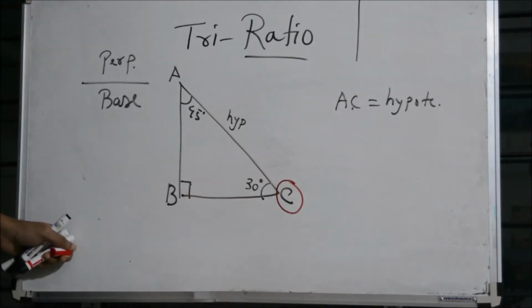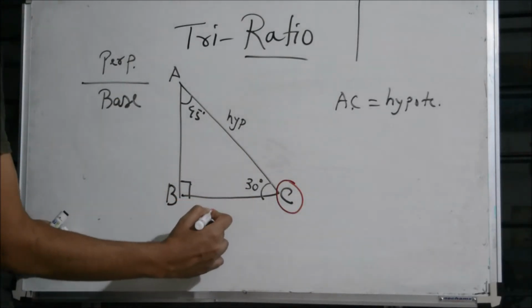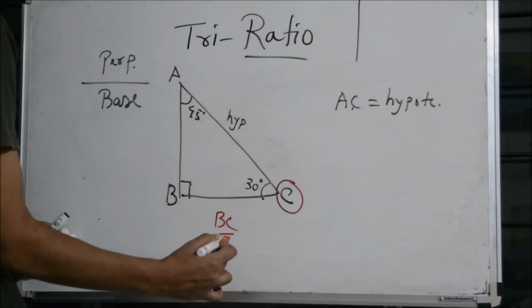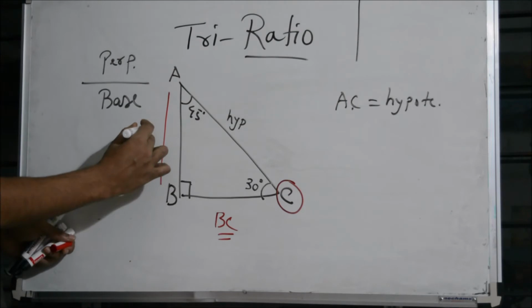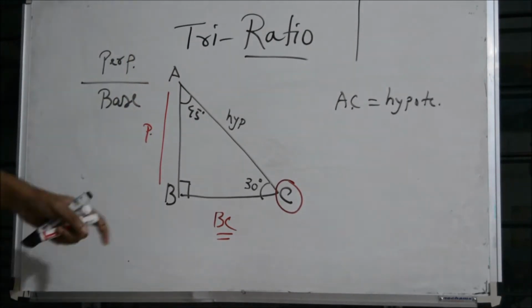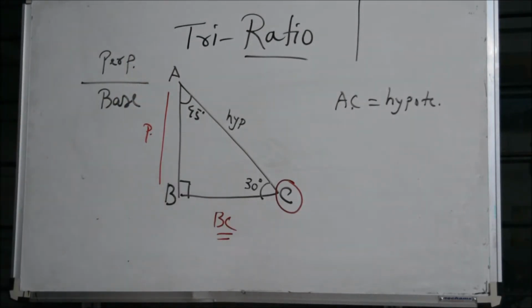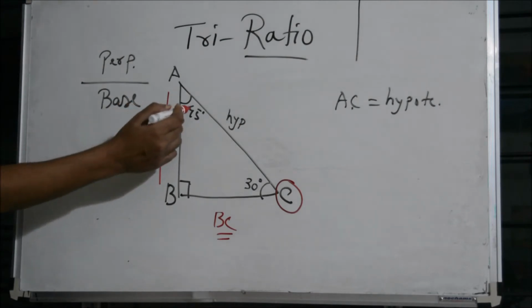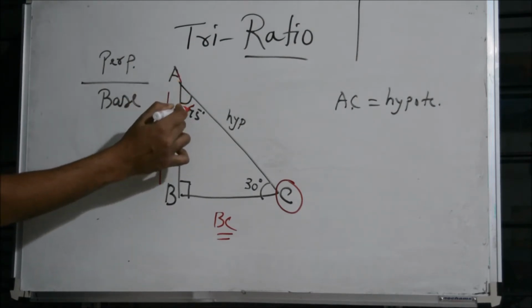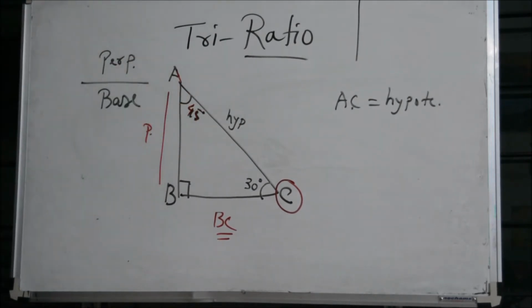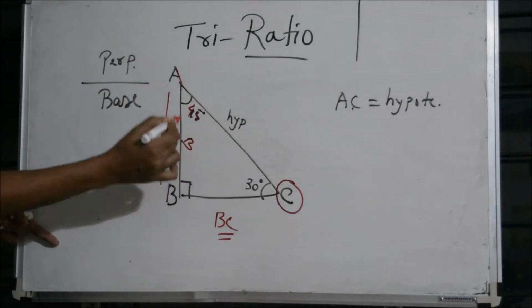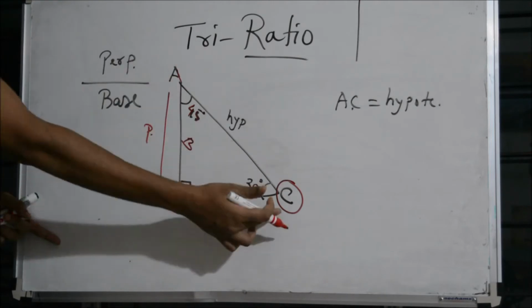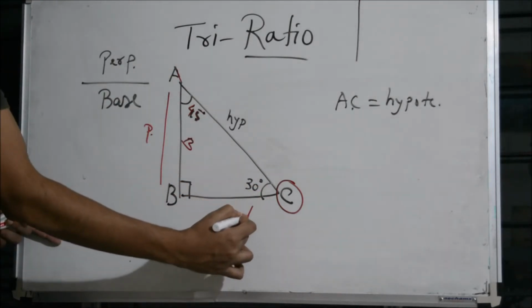With respect to angle C, our base will be BC and AB will be our perpendicular. But if we consider angle A, or 45 degrees, then our base will be AB and our perpendicular will be BC.